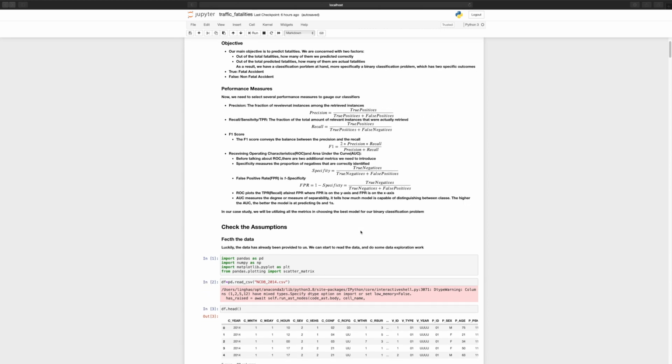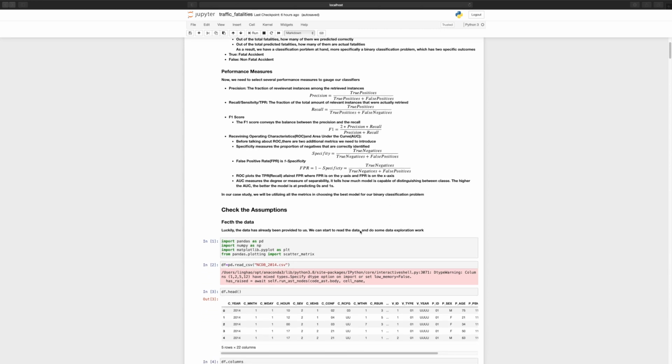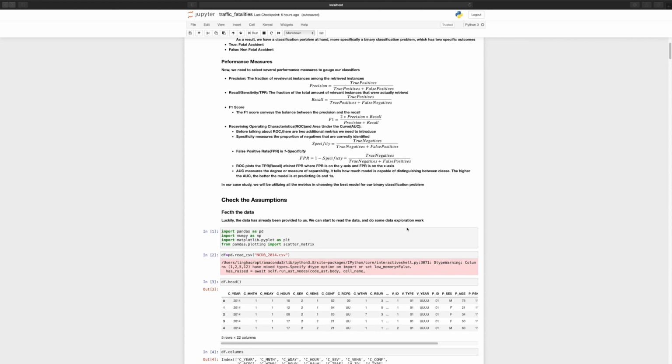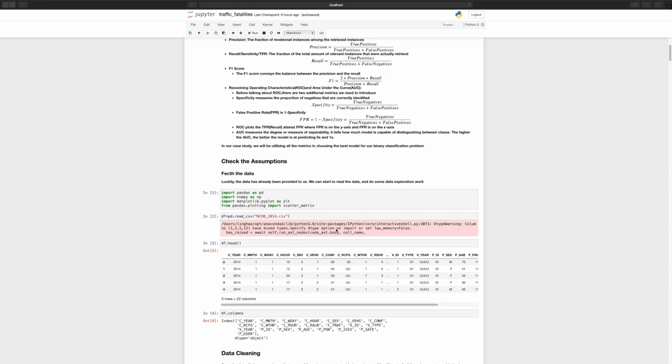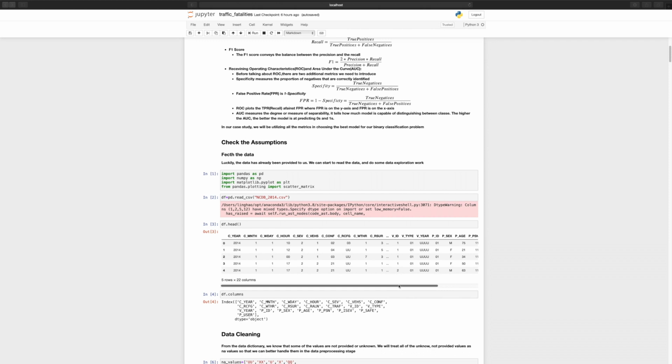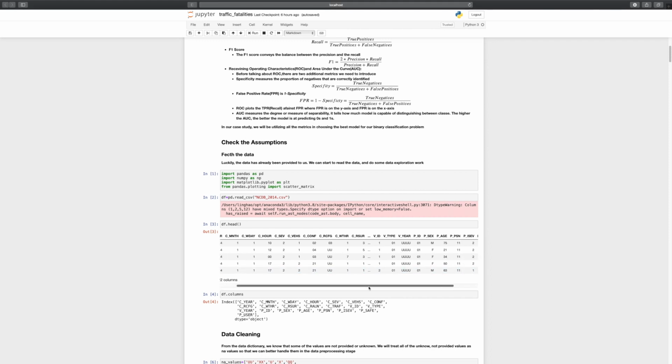Now, we move on to the data extraction stage. Luckily, the data has already been provided to us. So let's go ahead and use pandas to read the data. As you can see, we have a data frame at hand.